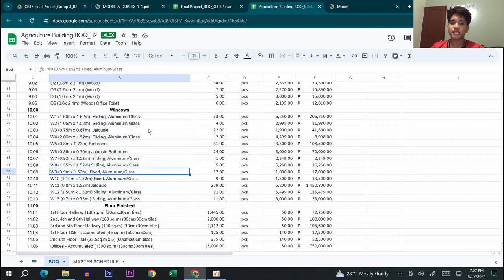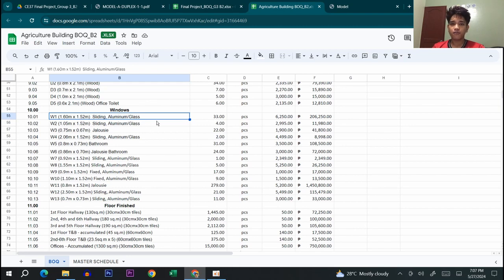So I guess it needs to be taken into account that some of these are maybe due to my error, because I did the architectural plan. To recap, in the ground floor and second floor of the agricultural building, the majority of the windows are sliding windows, because these are where offices can be found and they are air conditioned rooms. So sliding windows is a must.